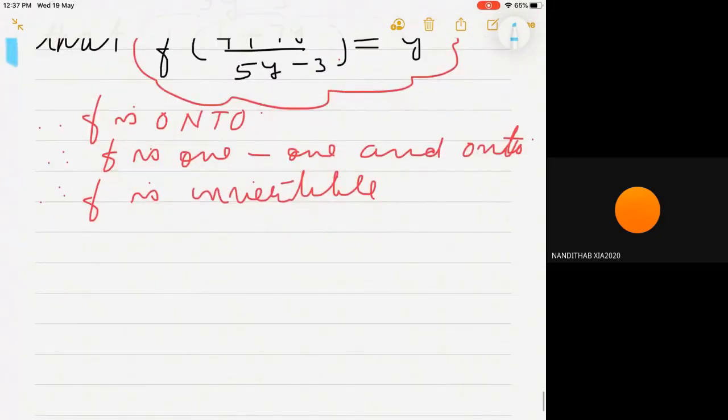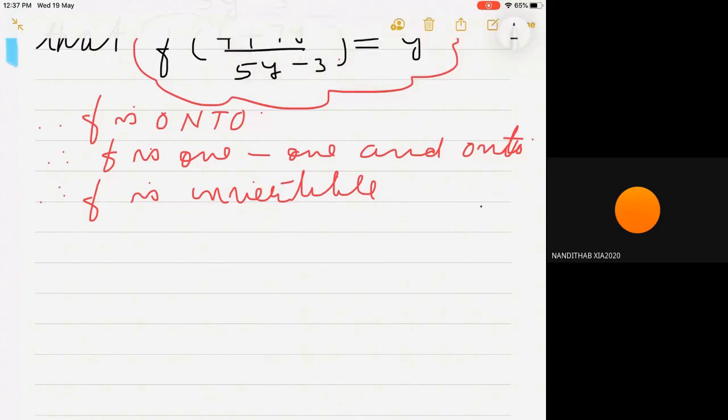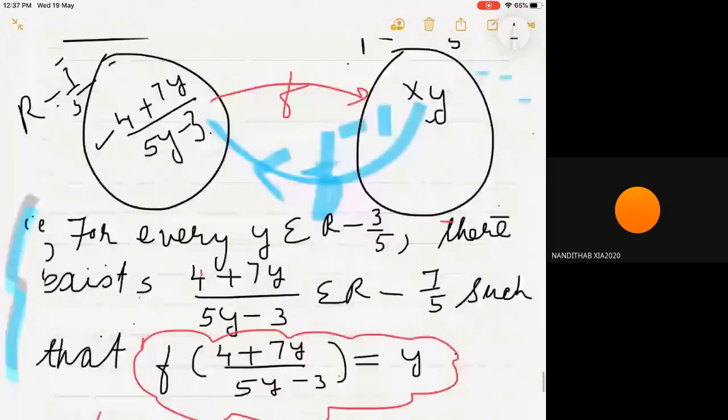When you write f inverse, whatever function you are applying, you have to say two things: from where to where it is defined, and what the image is. F inverse is defined from where to where?